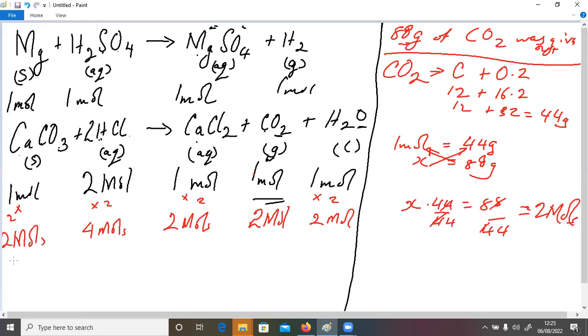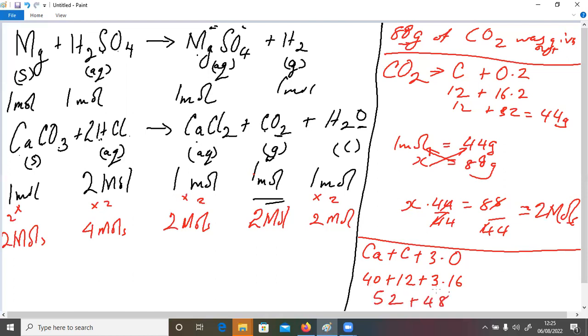If I want to know the amount of calcium carbonate which reacted in that chemical reaction, I have to do what? Calcium carbonate is made up of calcium plus a carbon plus 3 oxygens. Calcium is 40, carbon is 12, and 3 oxygens make 48.